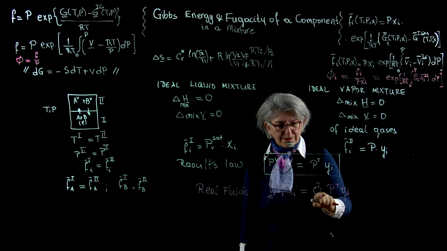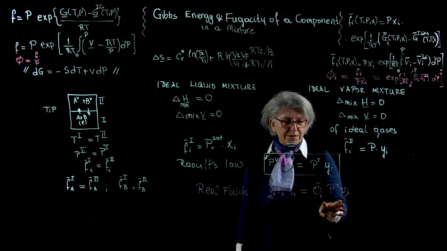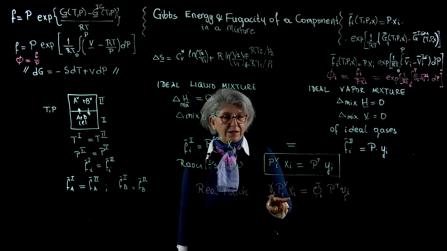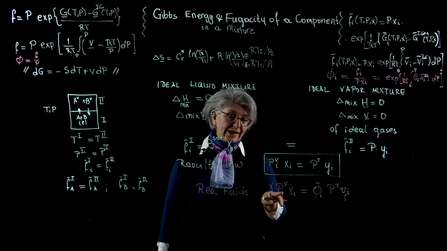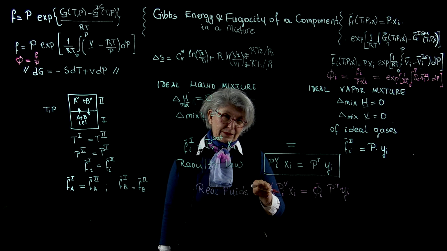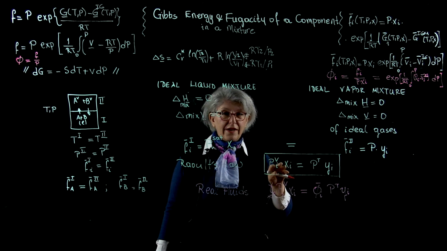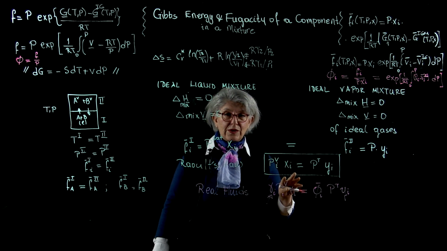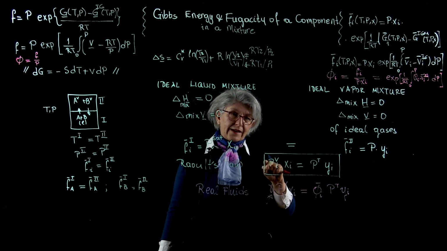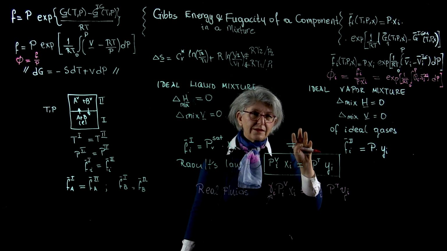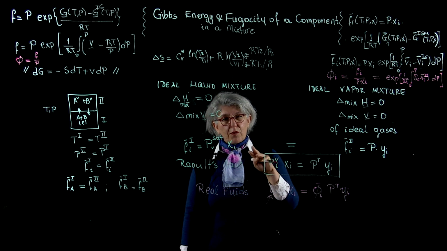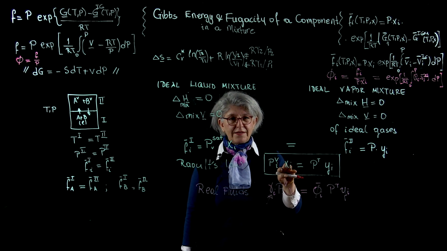So now we are correcting the vapor phase through a fugacity coefficient, and we are correcting the liquid phase through an activity coefficient model. But we can use fugacity coefficients in both liquid and vapor phases if we have a robust equation of state that allows us to estimate both liquid and vapor phase fugacities.